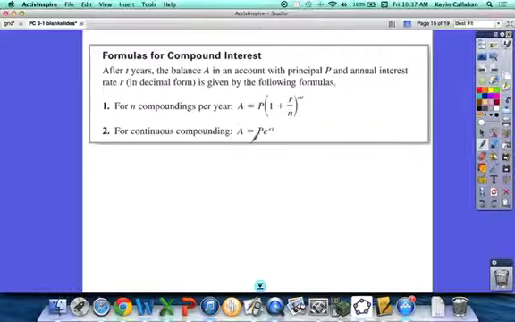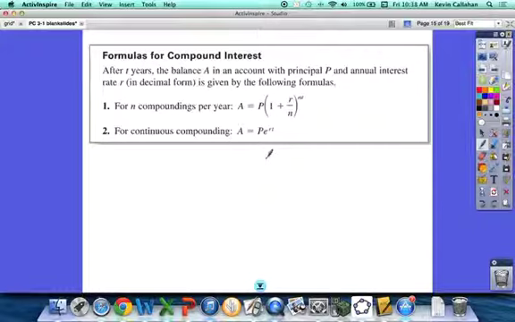I'm not really aware of whether anybody gets continuous compounding or whether it's just the limiting value of what you might get by increasing the number of compoundings. But when you replace that whole middle thing that I had on the other side with an E, then the formula is A, the amount, equals P, the principal, times E, the natural base, raised to the RT power, right?